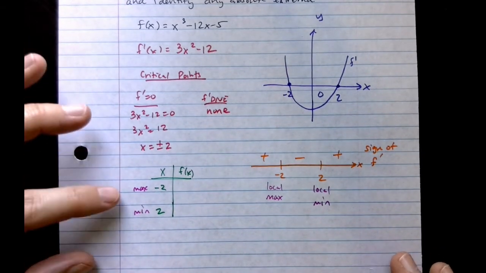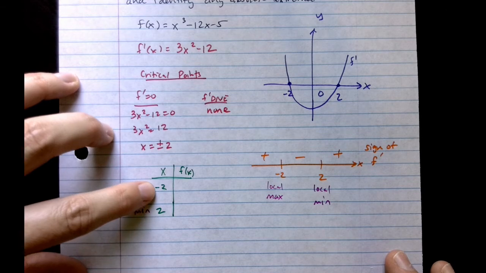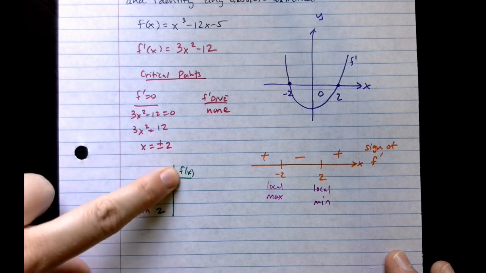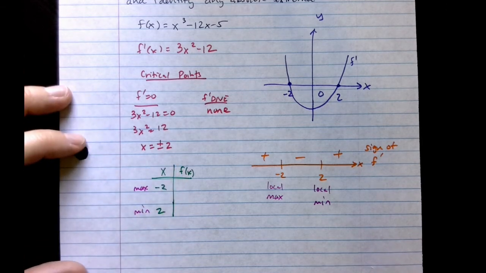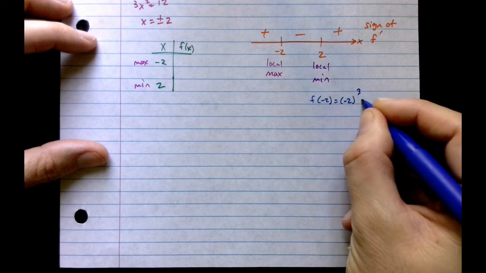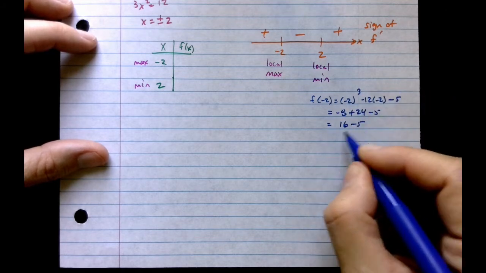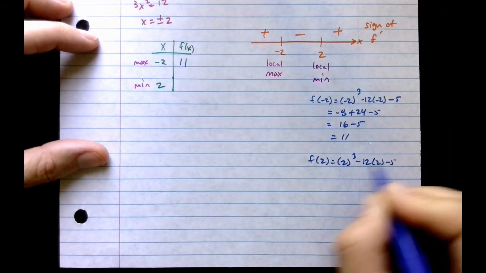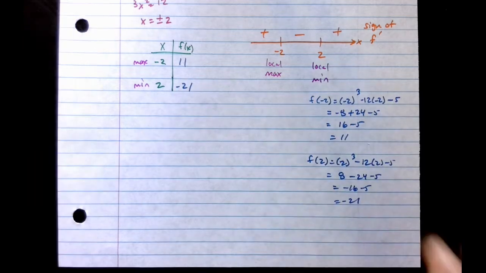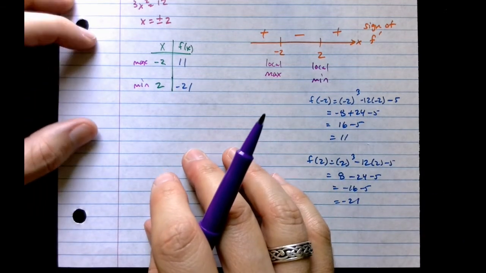Now, to actually calculate what the extrema are, we will have to take these numbers and evaluate them in our f of x function, so I'm going to do that off to the side. Now let's actually answer the question.